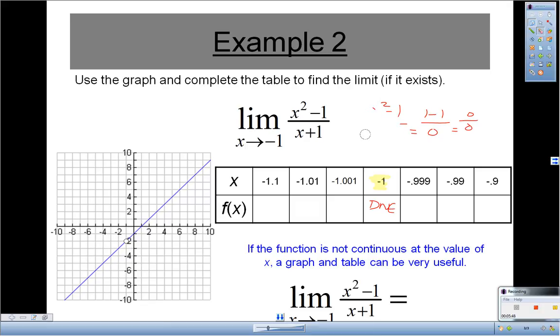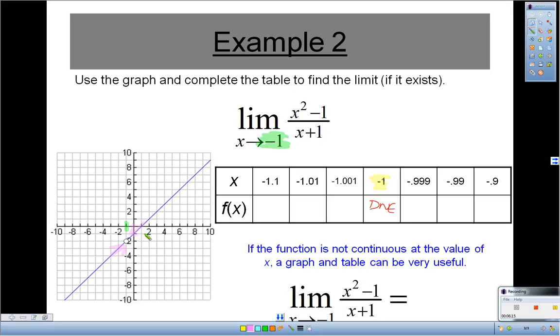Now, what's interesting, guys, about the limit is not really concerned about whether or not it's defined at that point. It's only concerned about whether or not it's approaching the same value, or what is it approaching. So it wants me to find the limit as x approaches -1. So -1 is right here. And so if you notice, on the left-hand side, it's approaching -2.